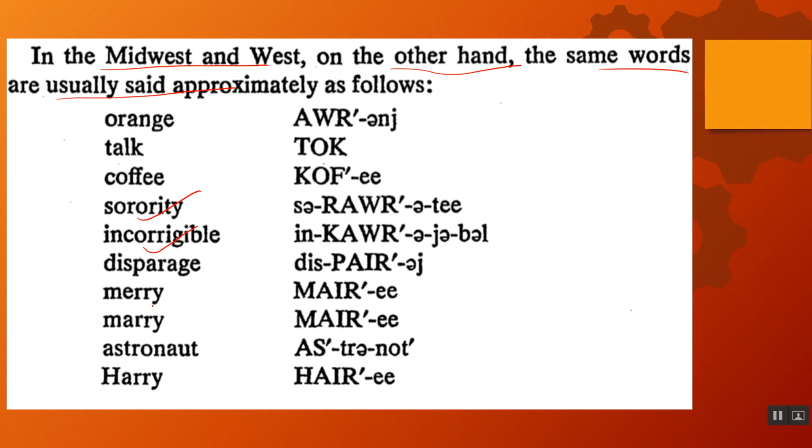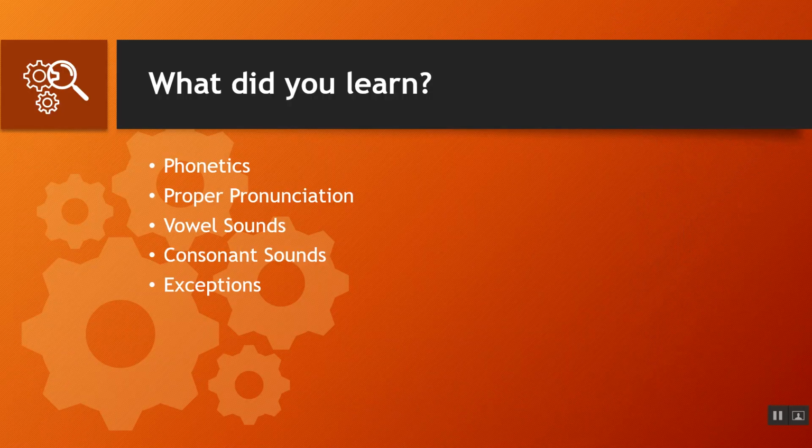Marry, Mary, these two are pronounced in the same way. Astronaut, Harry. What did you learn in this video? Phonetics, proper pronunciation, then vowel sounds, consonant sounds, and a few exceptions.